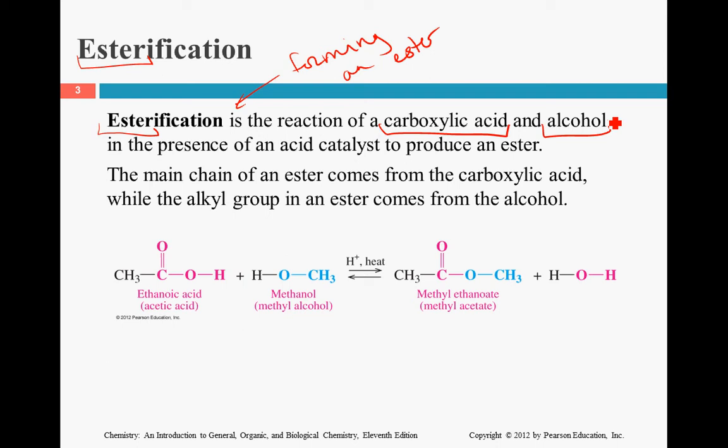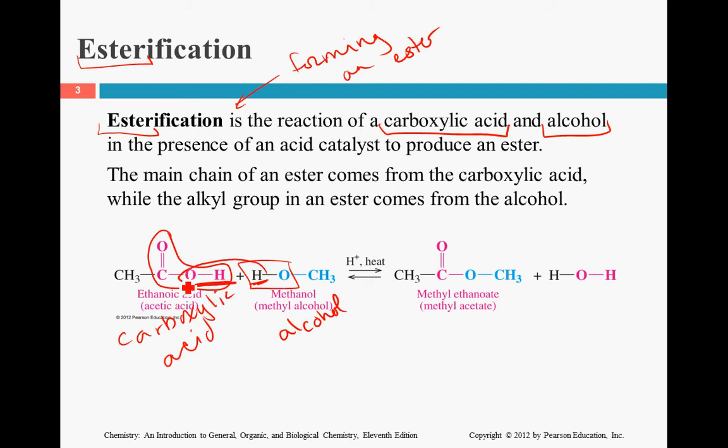So I'll show. Here's a carboxylic acid. We have the oxygen double bonded to a carbon bonded to an OH group. Then we have an alcohol. Here's your OH group here. What's happening is that the hydrogen and the OH are coming together to form water.